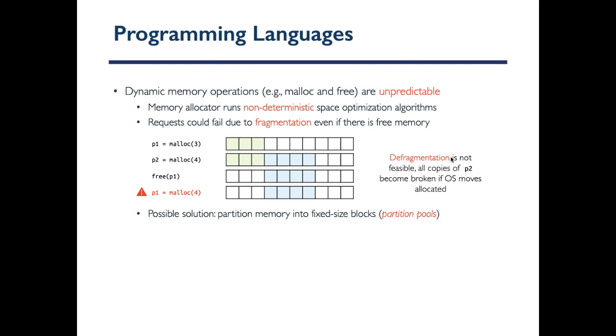So one possible solution to deal with this whole thing is to, instead of allowing allocation of different sizes, make fixed size memory blocks and allocate those. So let's say you could divide your memory to whatever you want, and at each time everybody can just request one of those blocks. This causes more fragmentation, usually internal fragmentation, which we will talk about in more detail in the memory section of this course.